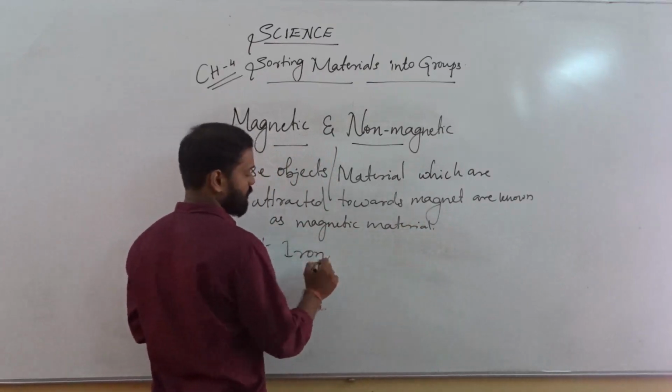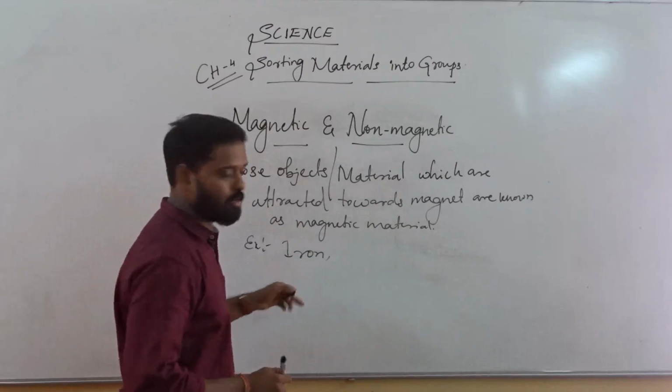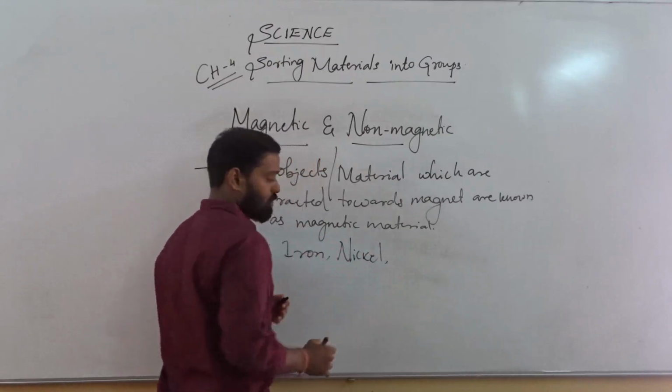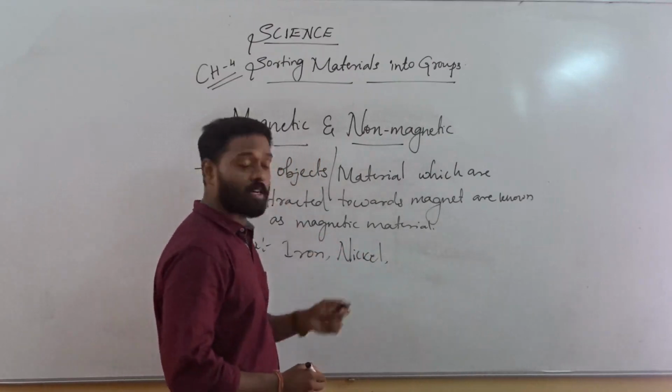Iron is a magnetic material because iron is always attracted towards a magnet. Next, nickel. Nickel is also magnetic. It is attracted towards a magnet.